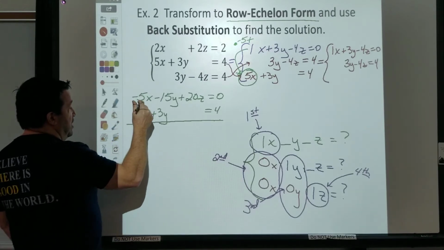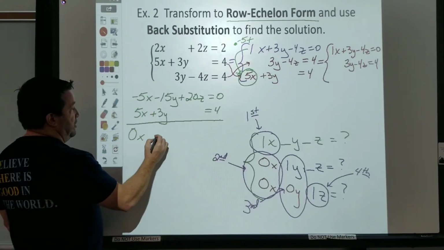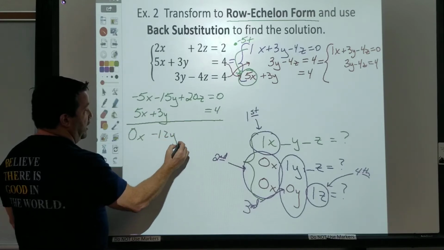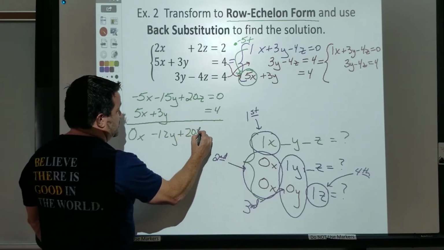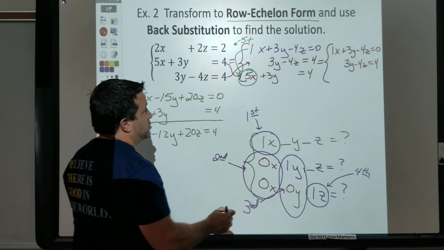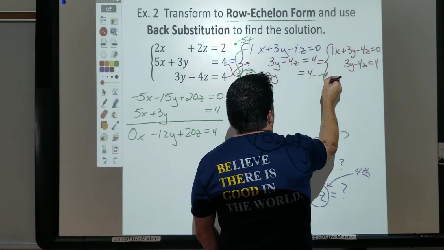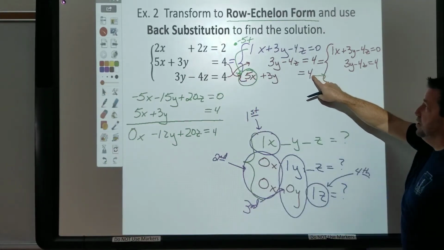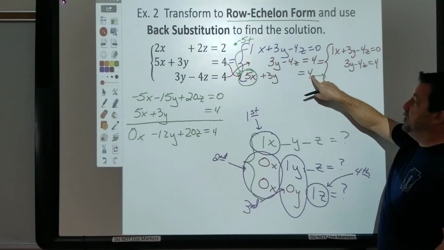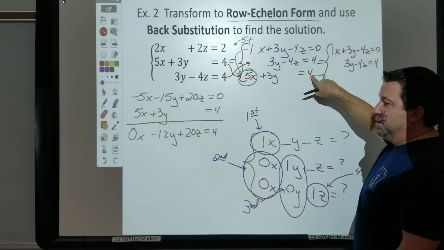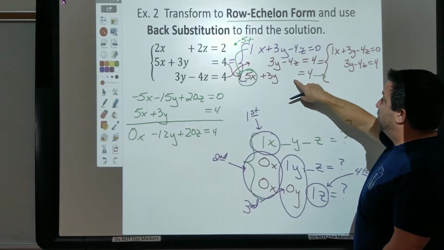When I add these, this gives me 0x minus 12y plus 20z equals 4. So that is what I'm going to replace this equation with, because that's the rule: combine two equations together, doing the elimination method process, and replace one of them.